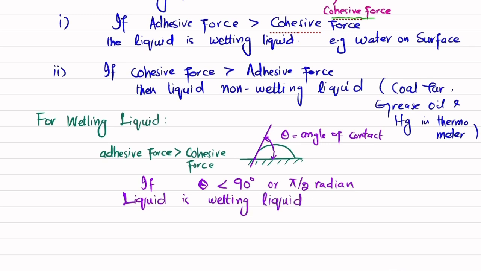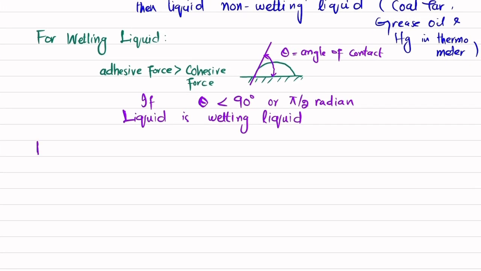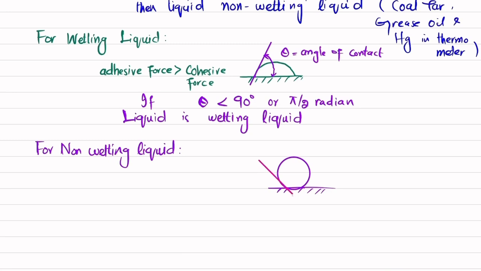For non-wetting liquid, the cohesive force will be greater than the adhesive force, so the liquid will try to contract and take a spherical shape, which I have drawn over here. Let this be in contact with some other surface as shown in the figure. This is the point of contact with this surface. If you draw a tangent, it will be like this.